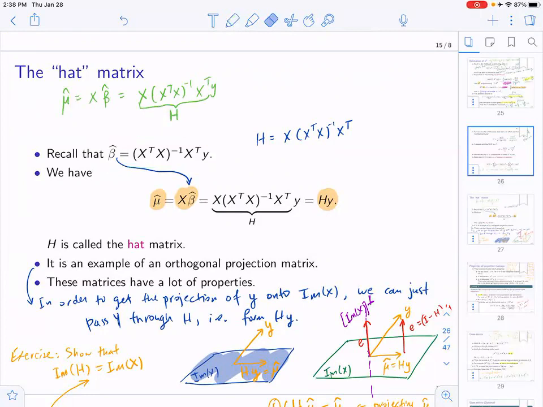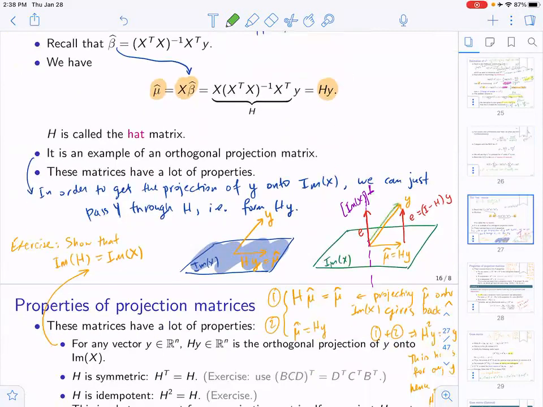And what it does is that when you multiply by H, you take any vector, you multiply it by H, you get the projection of that vector onto the image. This hat matrix is an operator that produces that projection for you. So you take the vector y, and you want to find the projection onto the image.